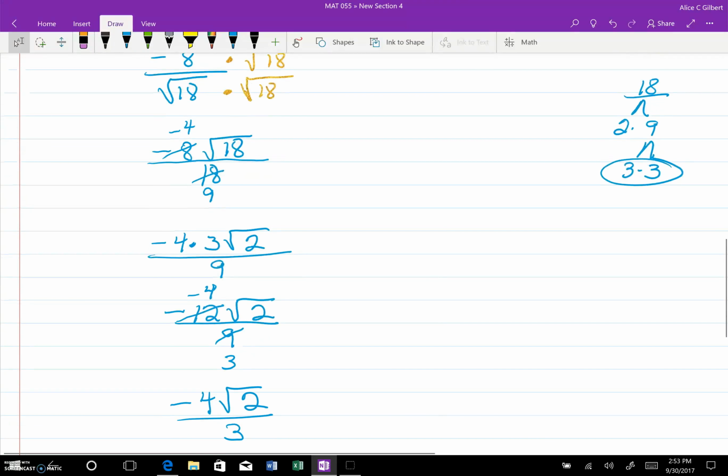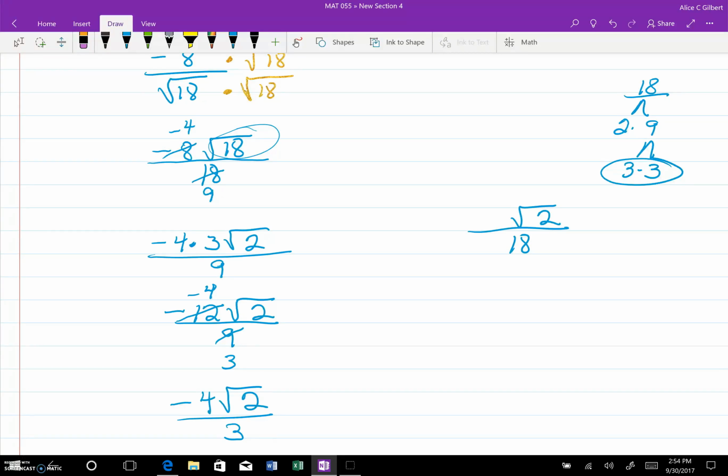I could have tried to reduce the square root of 18 first, and so then I would have gotten 3 times 4 is -12 times the square root of 2 over 18, and now I'm going to reduce. 6 can go into each of these. 6 goes into that, 6, yes, twice. How am I ending up with a different answer?